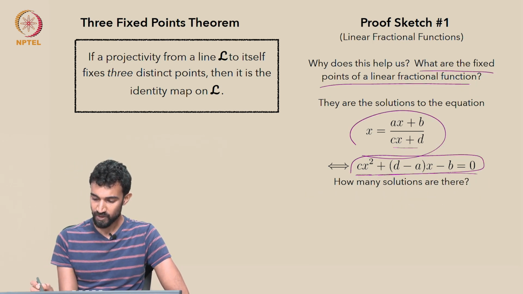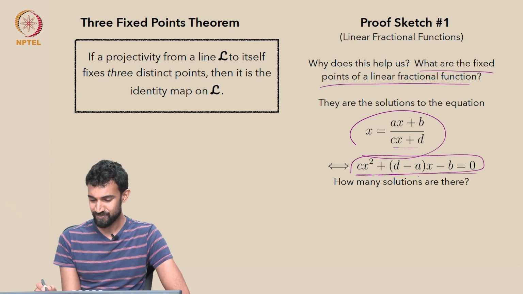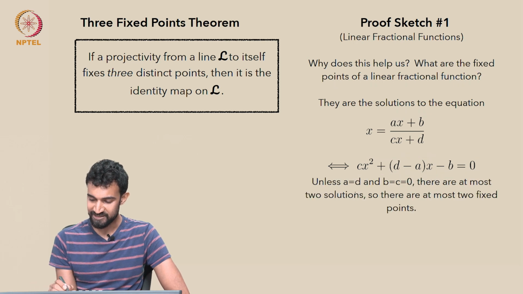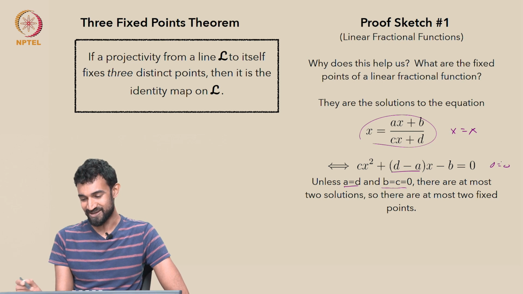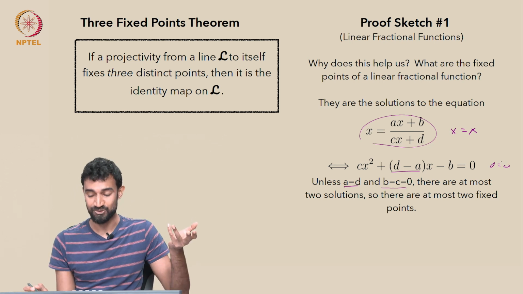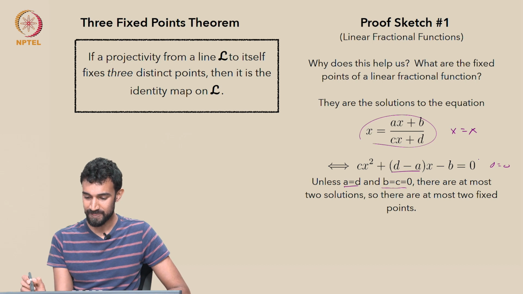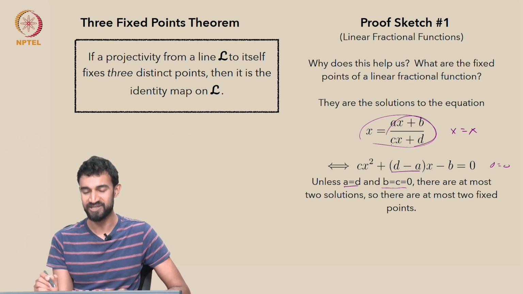Well, okay, there's a special case to consider. It could be the case that a equals d, so this is 0, and b and c are also 0, in which case upstairs here, if b and c are 0 and if a equals d, this just becomes x equals x. And yet downstairs also we see that we get 0 equals 0. So same thing. So in that case, there's infinitely many solutions because in that case, we're really just looking at the identity function.